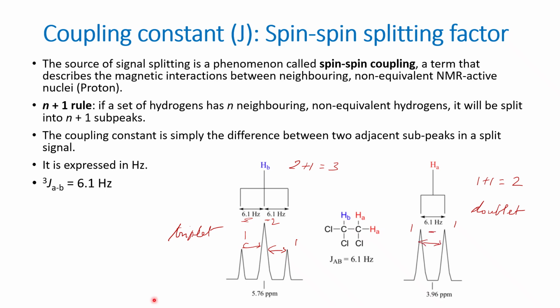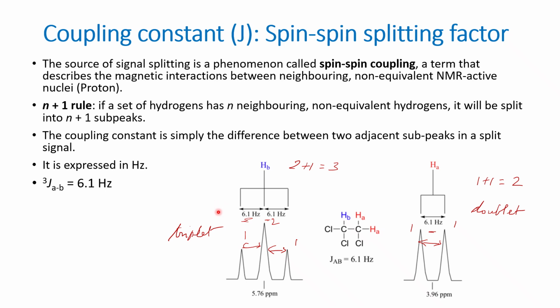So whenever you have the same value for two sets of signals, it means the two signals are due to coupled protons. So the J value is an excellent way by which we can easily identify whether the given chemical shift values are for a coupled proton or not.